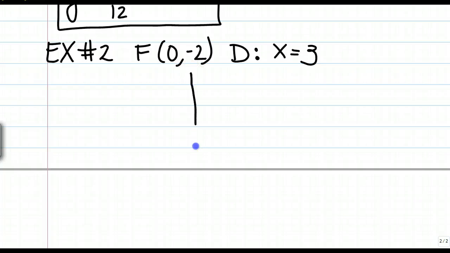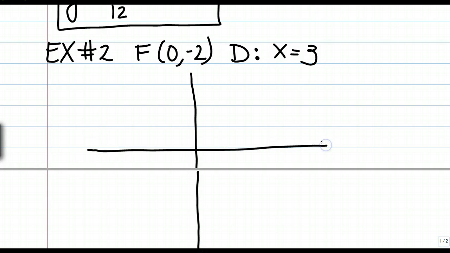So let's plot everything that it gives us here. I'm going to plot my focus at 0, -2. So I'm going to have the focus right here. And I know that my directrix is at x equals 3, so you're going to cut through the x-axis at 3.